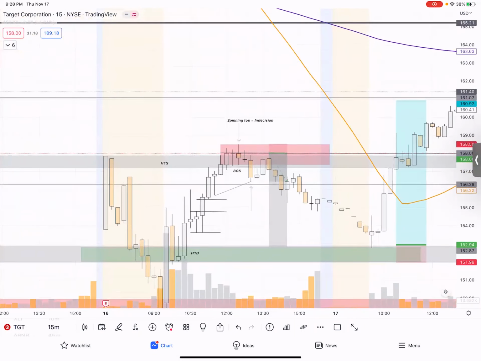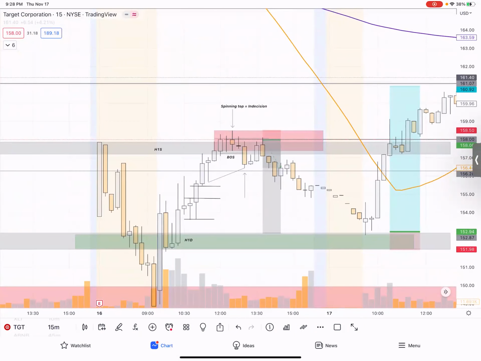So within the internal structure on the lower time frame, I'm looking for price to come to my point of interest, 1 hour supply. I'm looking for equilibrium, doji, spinning top, et cetera. I'm looking for price to sweep to the downside, indicating momentum is pushing down, and then return back to the most extreme supply zone that hasn't been tapped into yet.